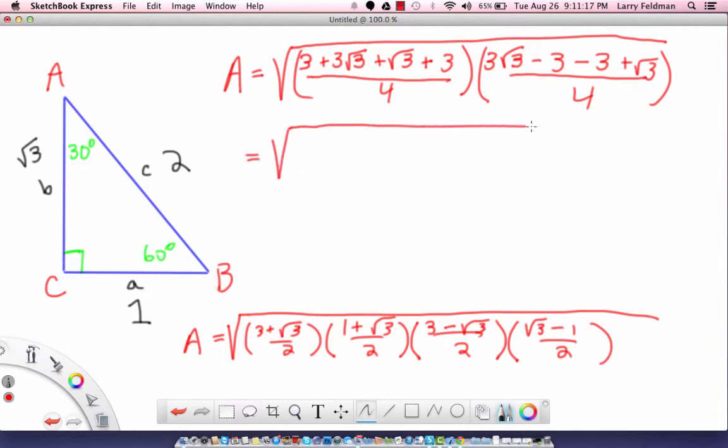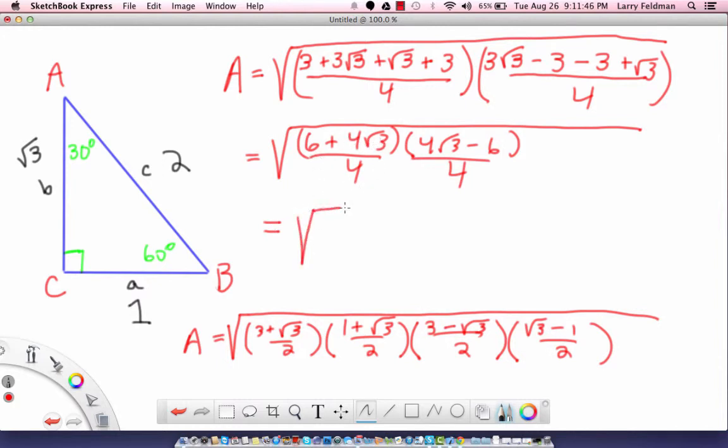Continuing on, we have 6 plus 4 root 3 over 4 times 4 root 3 minus 6 over 4. And now let's FOIL again.